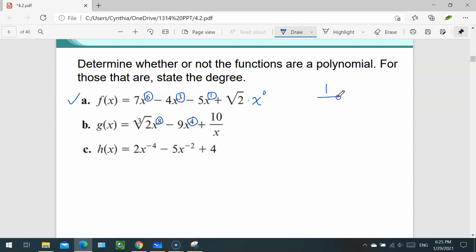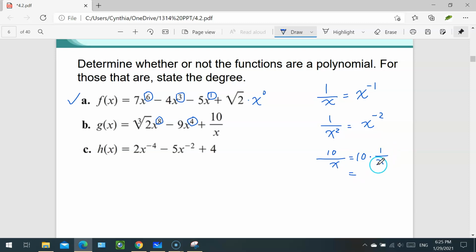Now, 1 over x, the other way to represent it is x to the power -1. So when you have 1 over x squared, you represent it as x to the power -2. So when I have 10 over x, it means I have 10 multiplied by 1 over x.